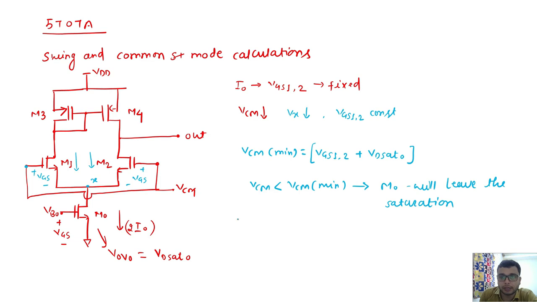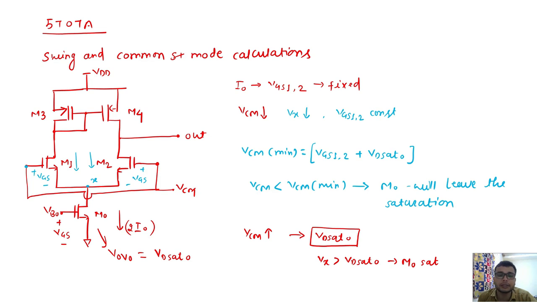Now what can be the maximum value? If we increase the VCM, that is the DC input at both input transistors, then Vx increases. VDSAT0 is already fixed due to the current, so Vx is greater than VDSAT0 and M naught is in saturation, not a problem.